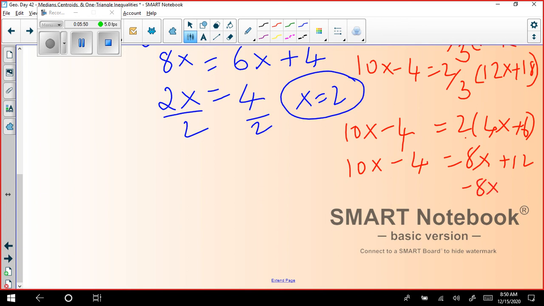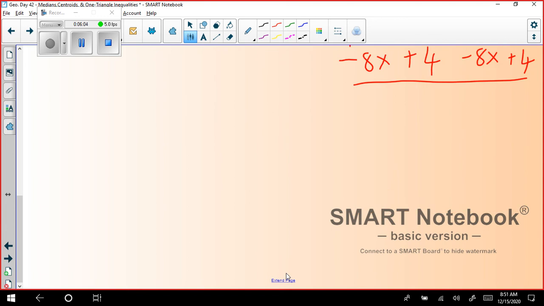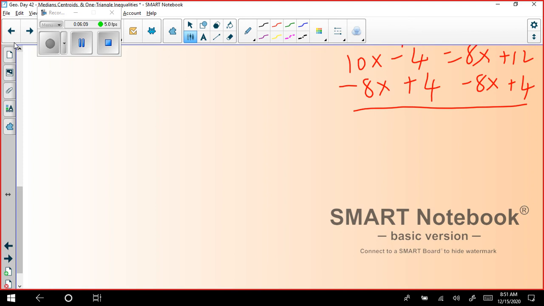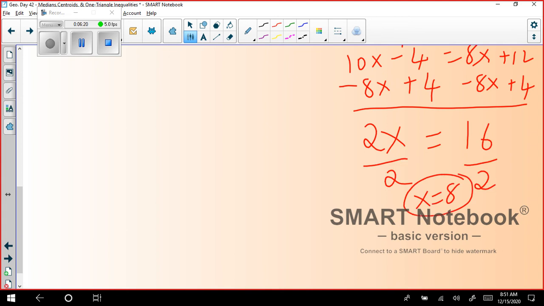Subtract 8x on both sides and 4 on both sides. 10x minus 8x gives us 2x equals 12 plus 4, which is 16. Dividing by 2 on both sides, I'll have x equals 8. Which most of your friends had, that's right. So let's move on to the next slide.